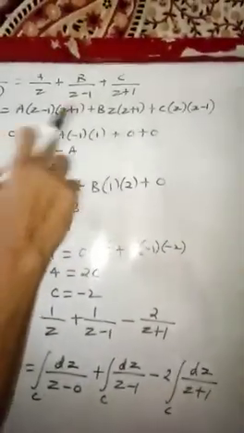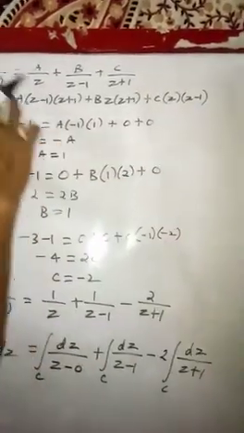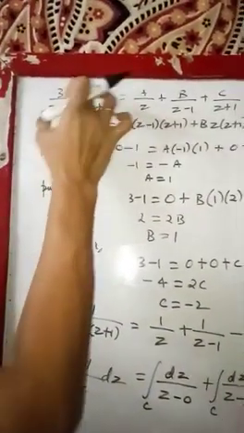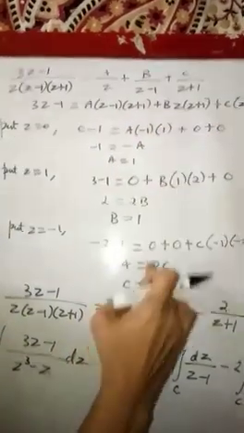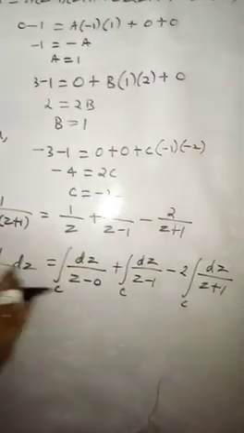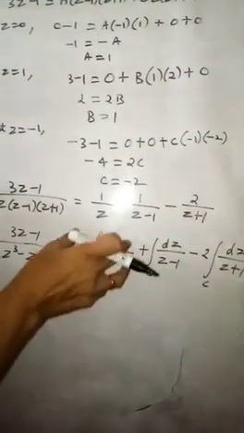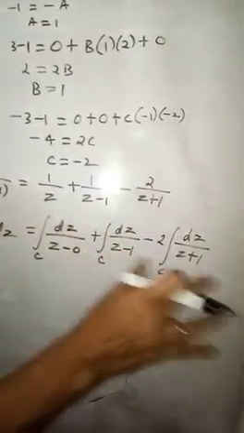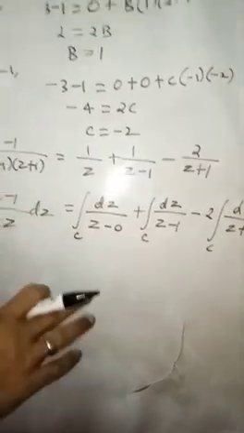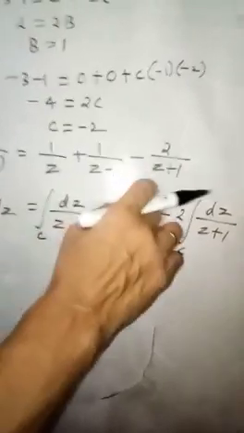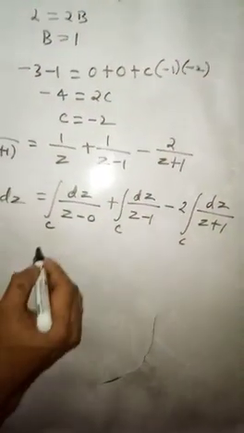So if more than one z naught lies inside the given circle, you have to take that fraction separately, resolve into partial fractions, and find the values of a, b, c like this. Now integrate on both sides. Now you have to apply Cauchy integral formula for each and every integrand. So this is a way to solve if more than one z naught lies inside the given circle.